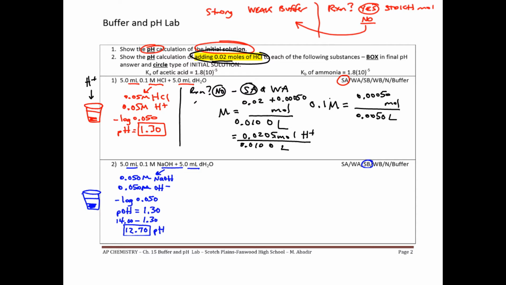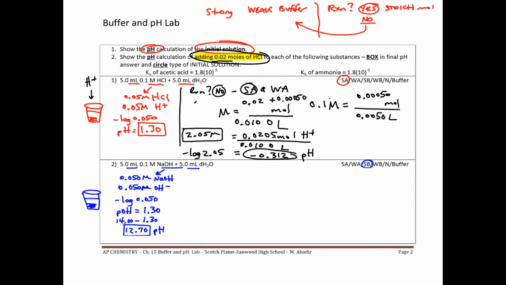When you divide 0.0205 by 0.01, you're going to get 2.05 molar H plus, and then you take the negative log of that. You're going to find the answer to be negative 0.312, and that's going to be the pH.